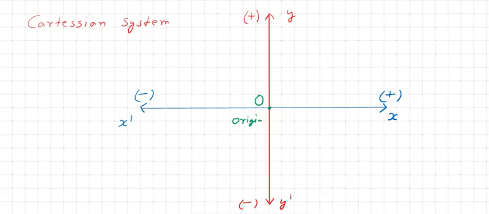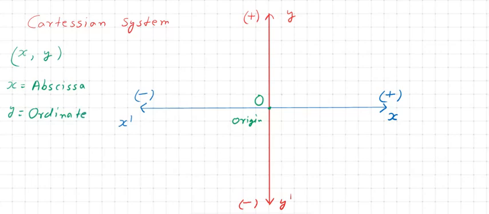O is the origin. Now beta, in alphabets, we write first x and then y. Here, x is called the abscissa and y is called the ordinate.